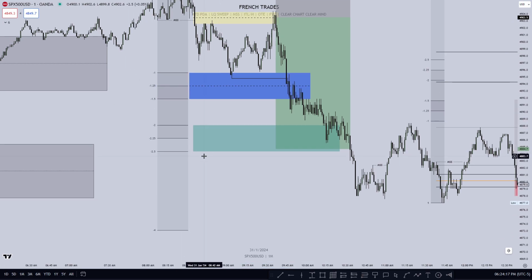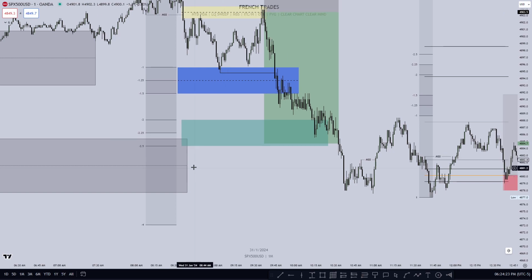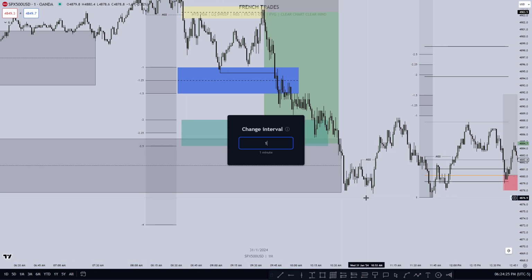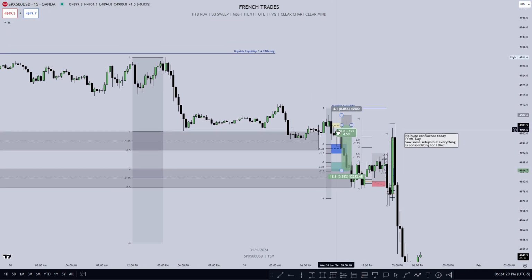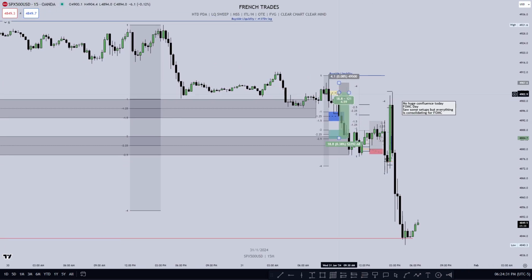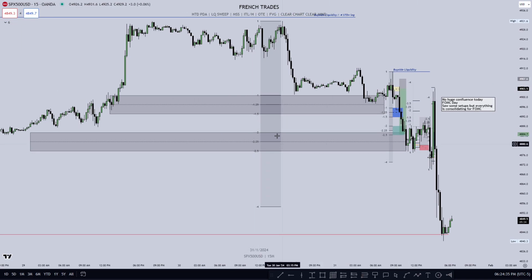Now the profit, you can see that targeting -2.5 isn't actually that crazy, because if price really wanted to come down, if we go even to the 15-minute, we look at this trade, and if it started selling off from this point here, what's the area to target for the 1 hour, for example?